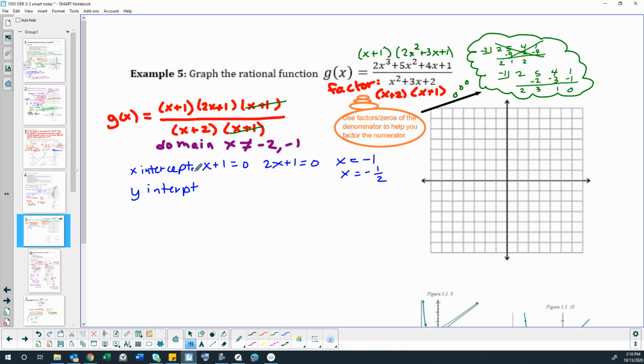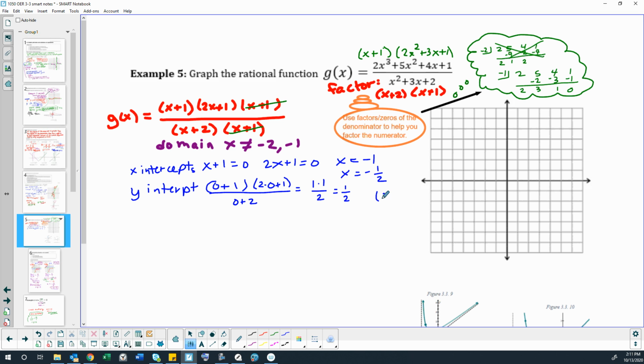So notice this was more than 1. Y-intercept, I totally spelled that wrong, but okay. We're going to do that by plugging in 0 into our reduced one, that's fine. So 0 plus 1 times 2 times 0 plus 1 divided by 0 plus 2 gives us 1 times 1 divided by 2, or 1/2.